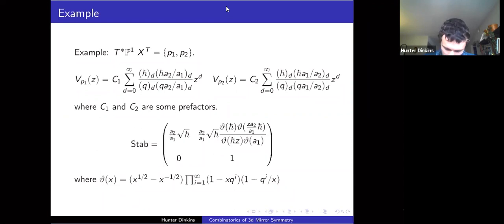You can see it's a matrix with entries that involve theta functions, and also other terms in our equivariant parameters. If I told you what C1 and C2 are, then you could work out an exercise: take the vector of vertex functions, multiply it by this, and try to see how the poles cancel.